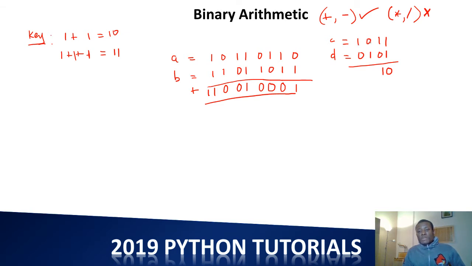So if we take out 1 from here, we have 0 here, and we can simply write it as 10. Or you can simply write it as 0 carry 1, and then when you move it across, it becomes 1. So I hope you got it. This is basically binary arithmetic, and this is the key. Once you know this key, everything is okay.